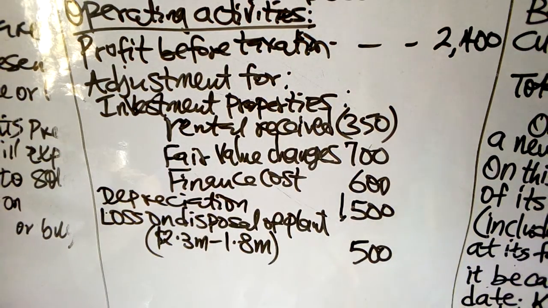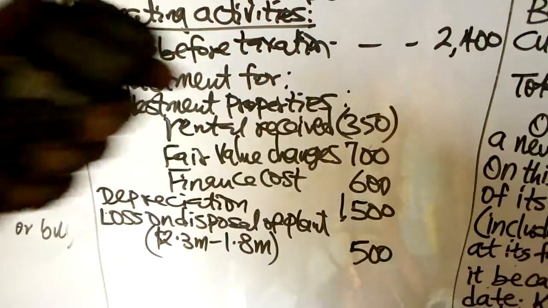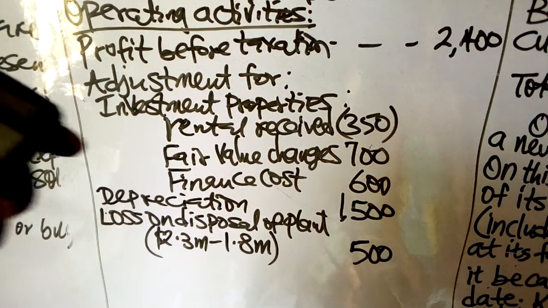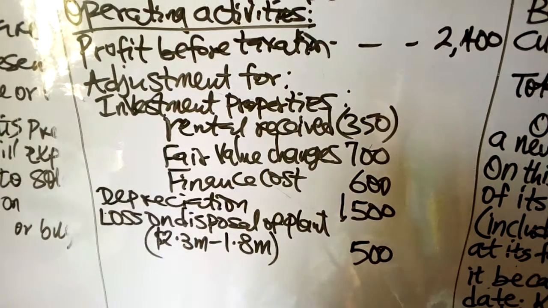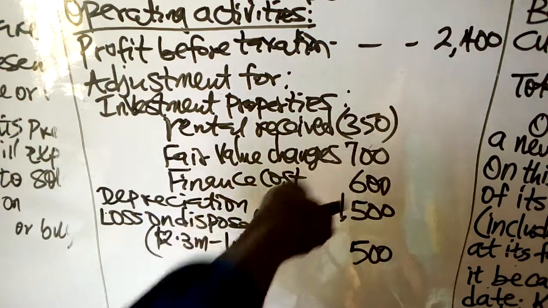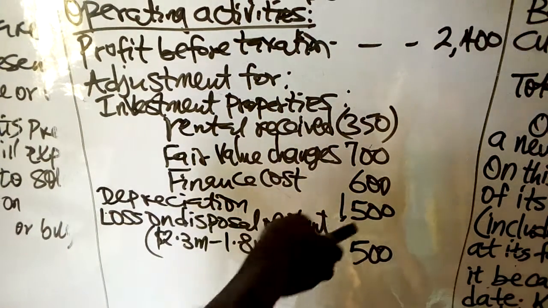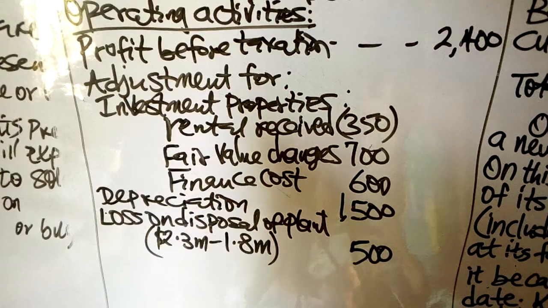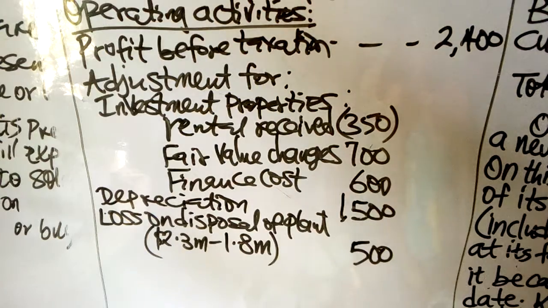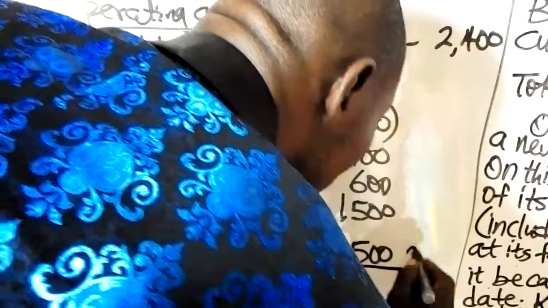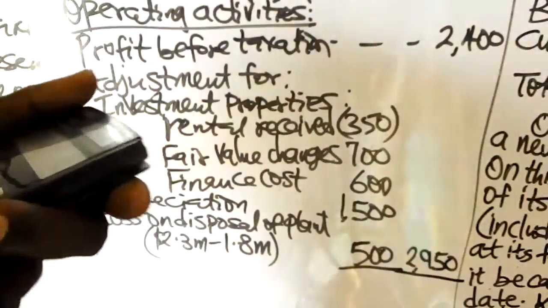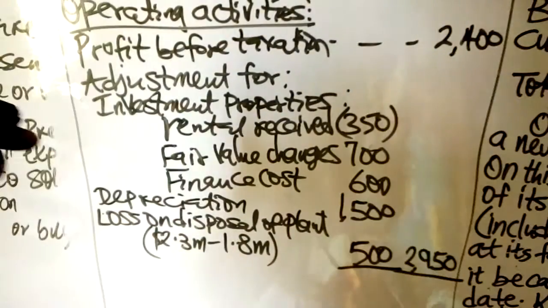So now, after this adjustment, we have minus 350, plus 700, plus 600, plus 1,500, plus 500. Then you have 2,950. So this is positive.